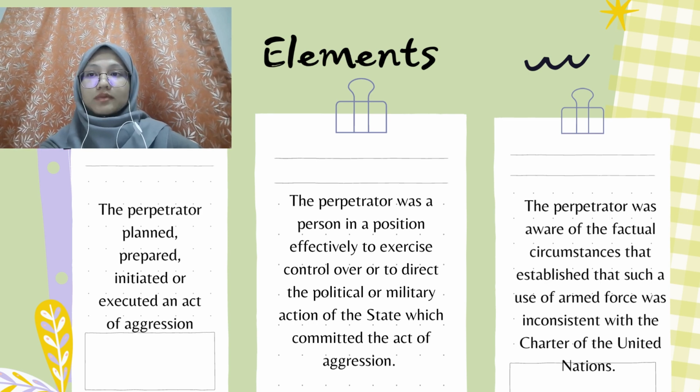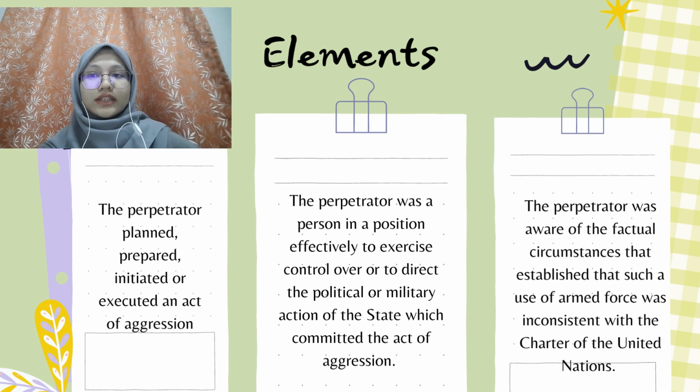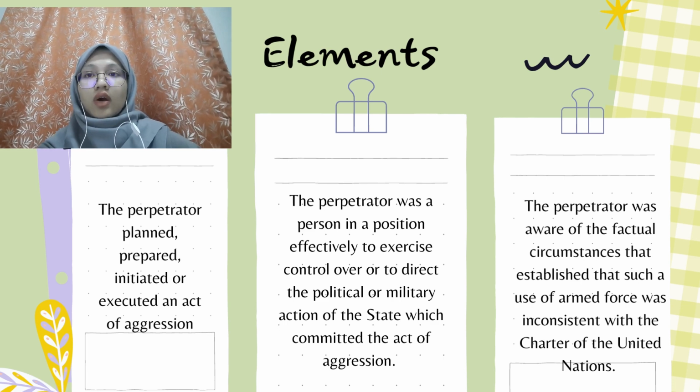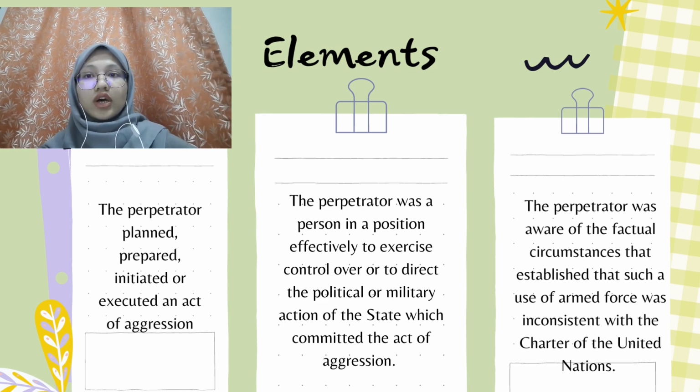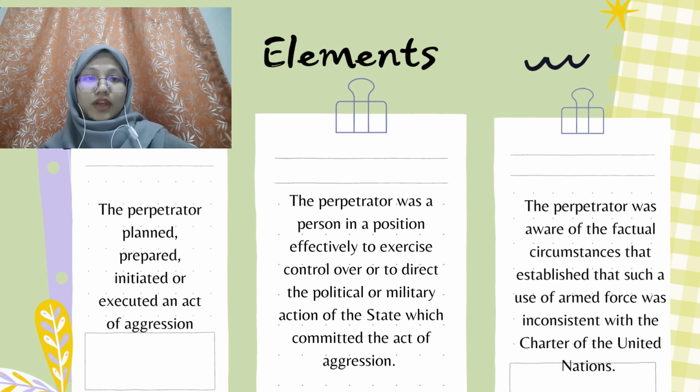First, the perpetrator planned, prepared, initiated or executed an act of aggression. Second, the perpetrator was a person in a position effectively to exercise control over or to direct the political or military action of the state which committed the act of aggression.